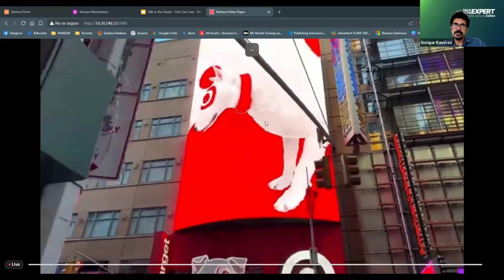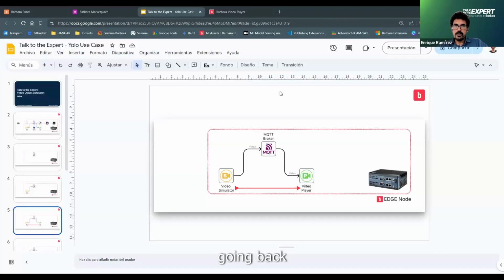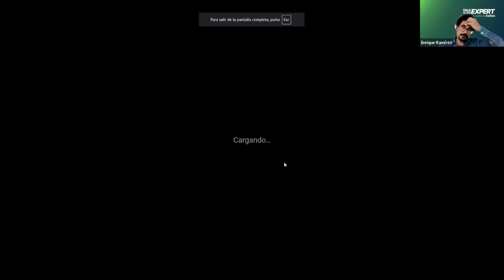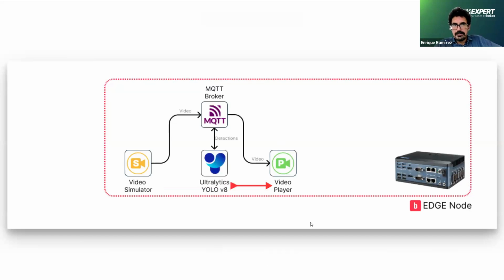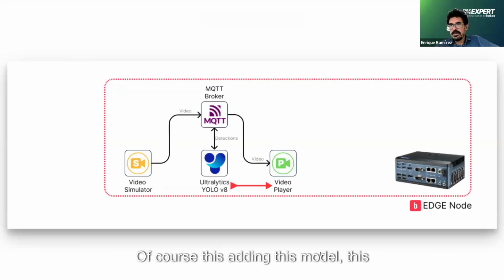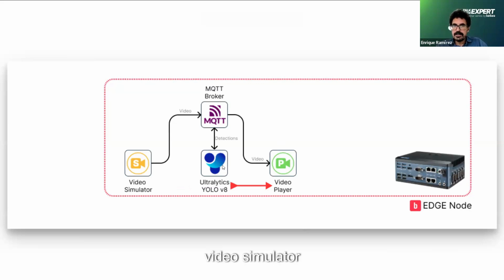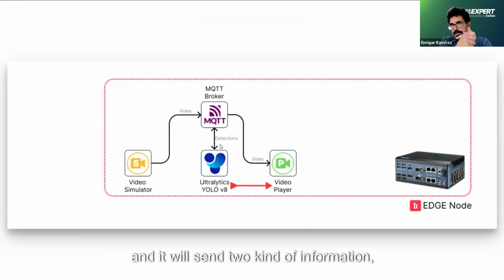So going back to our presentation, this is what we have right now. And what's our next step? The next step, of course, is adding this artificial intelligence model that will analyze this video simulator and send the detection to the MQTT broker, and it will send two kinds of information.